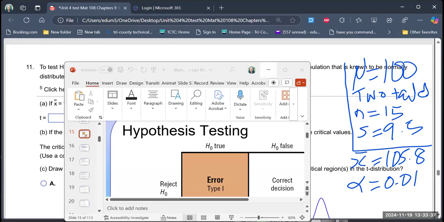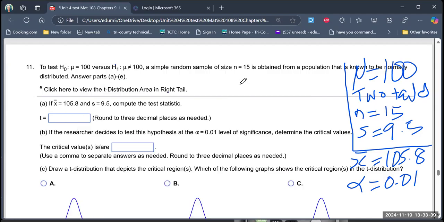All right, can you see this worksheet now? Hello, can you see this worksheet? Yes, ma'am. Okay, good. Thank you so much for letting me know you're not seeing it. Okay, so in this question, I just listed all the givens. I am given that the status quo is 100.